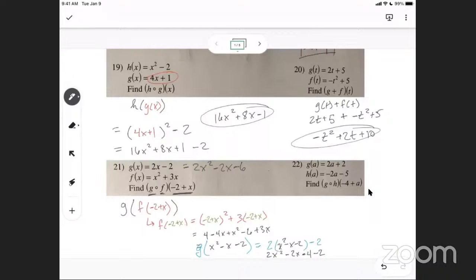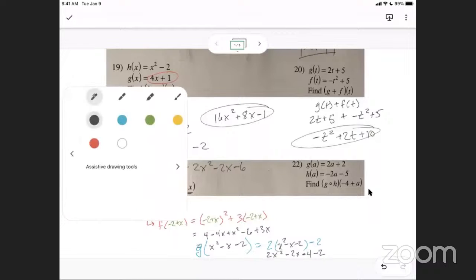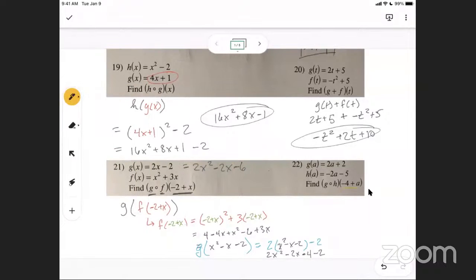And the last one, 22, we're doing functional composition, same kind of deal. So I'm going to plug this thing into h. So I'll do it like this: negative 2 times negative 4 plus a, minus 5.